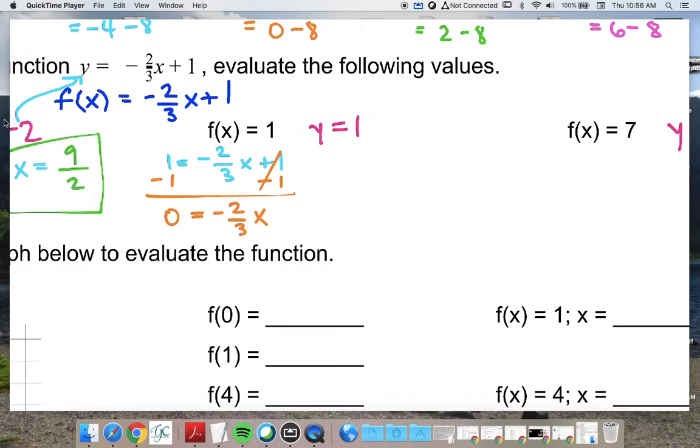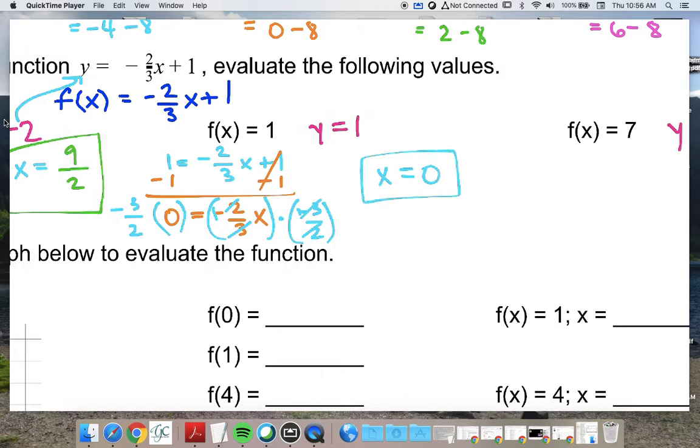And then just like last time, to cancel out our fraction of negative 2/3, we're going to multiply by negative 3/2 on both sides. So our fractions cancel on the right there, and we're just left with x equals negative 3/2 times 0. Anything times 0 is 0, so x is equal to 0. So that would be the ordered pair 0, 1. That would also be a y-intercept.